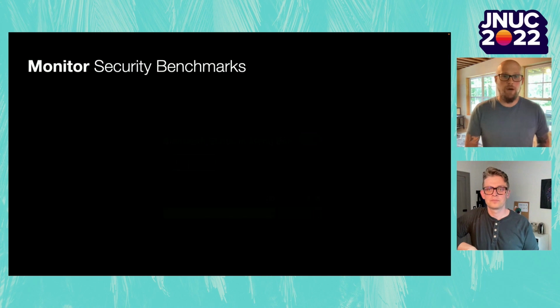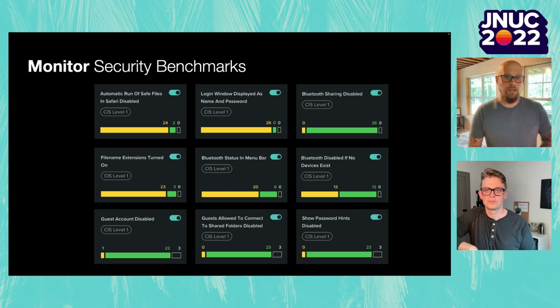Starting with monitoring security benchmarks, we have this feature called Insights. Essentially, these are benchmarks developed by the Center for Internet Security. Recommendations designed to reduce the attack surface or limit the number of opportunities for an attacker to succeed.